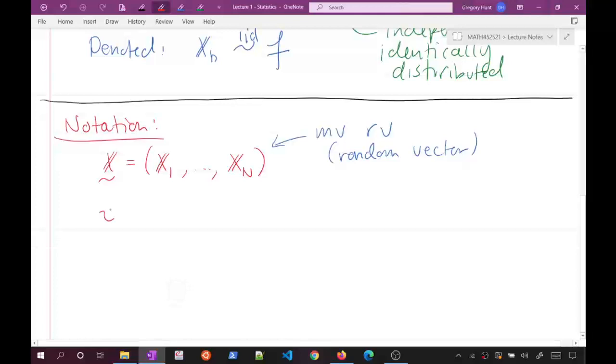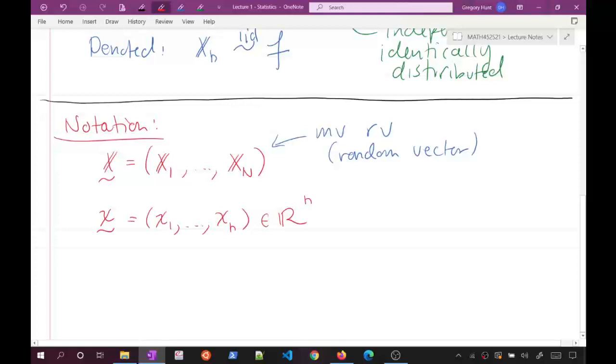I'm going to use the notation little x, so it's maybe curlier, and I'll put a tilde under that to denote it's a vector. And that's kind of my way of denoting vectors. And that is just going to be kind of a classic vector. It's just an n-dimensional real vector.